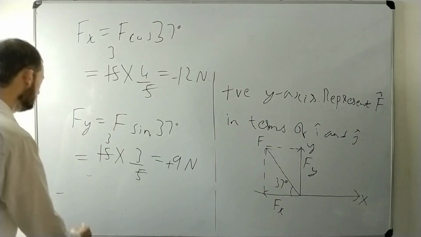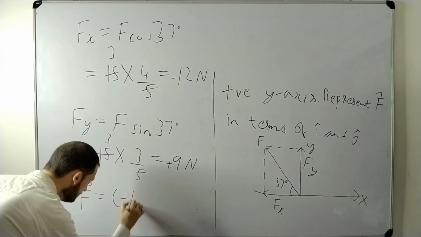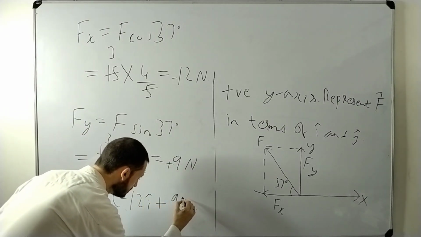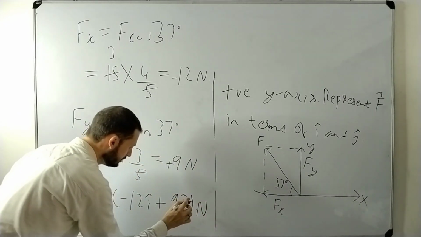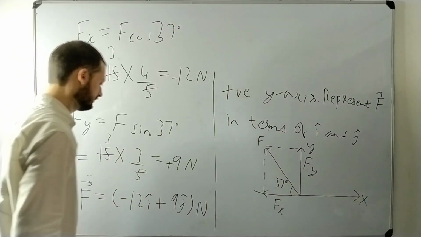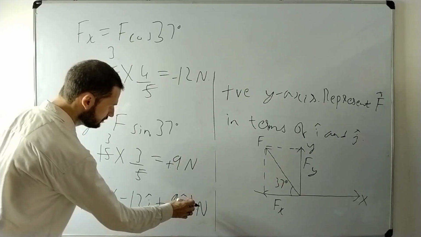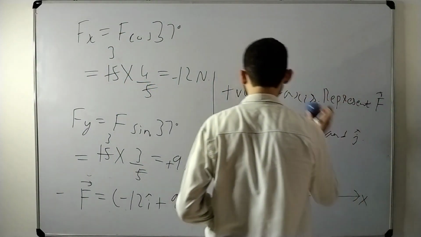So I would write F vector is minus 12 i cap plus 9 j cap Newton. This is the final force. Next question.